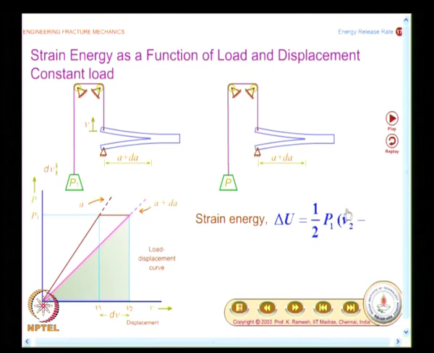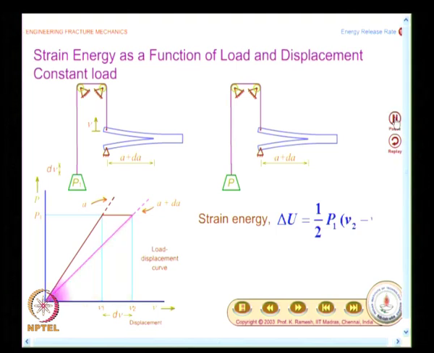So, the final strain energy is half of P1 into V2. What is the initial strain energy? That is below this line, and you have this triangular area. Mathematically, it is half of P1 into V1.